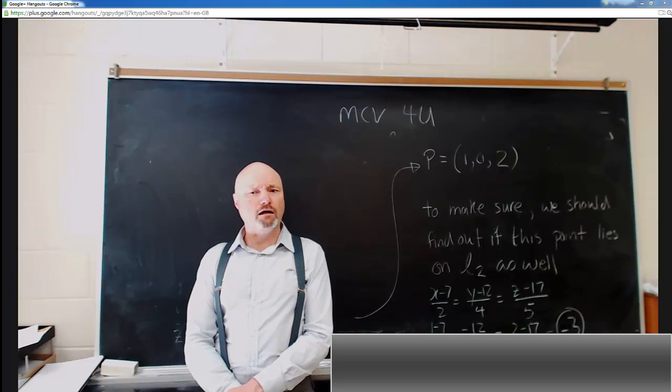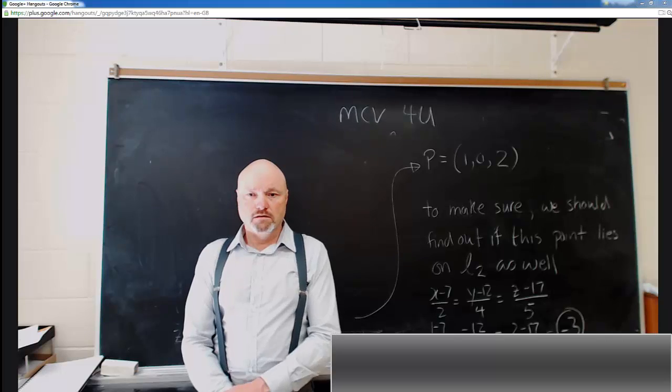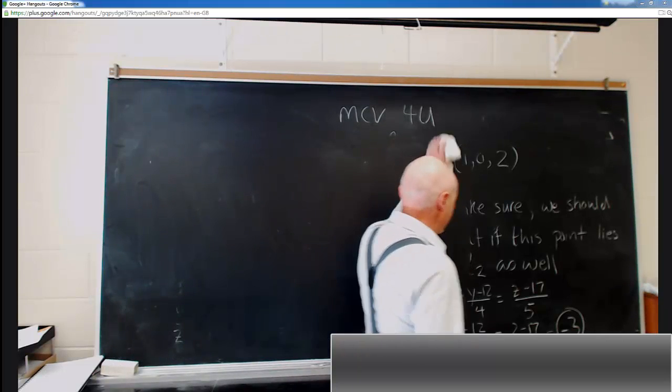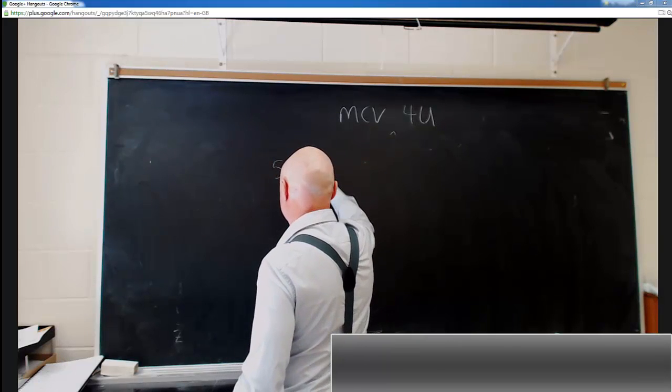How could you tell the lines are parallel if you saw the equations? They would have the same slope. That's right. And how would you tell if it was in scalar form? They have the same direction. Yeah, that's right.